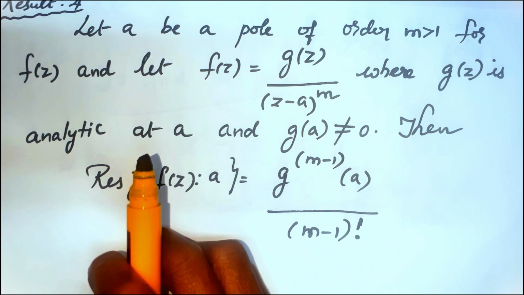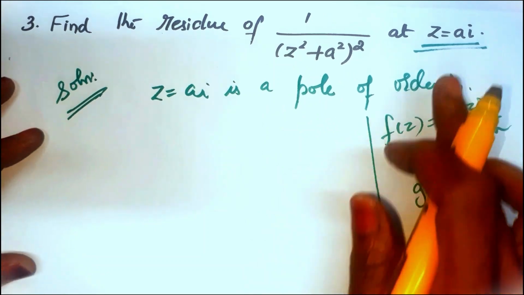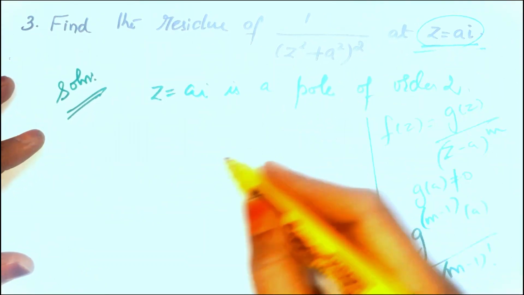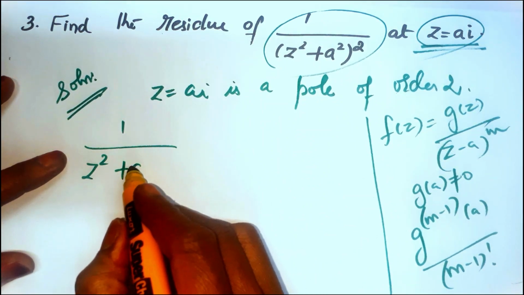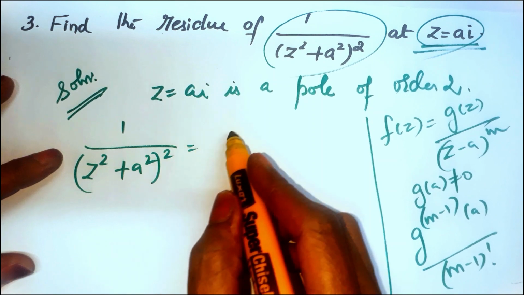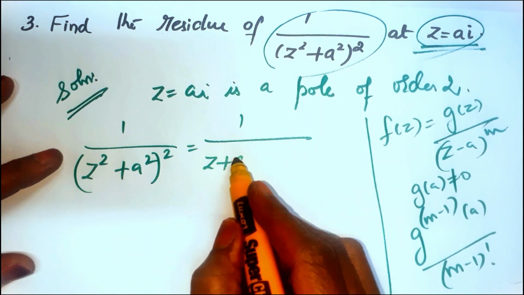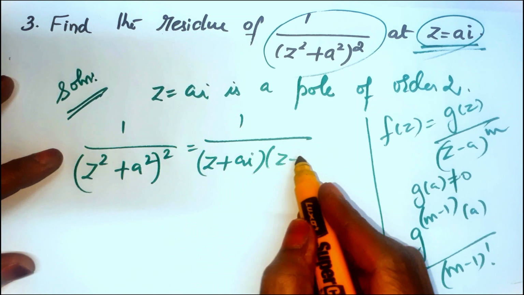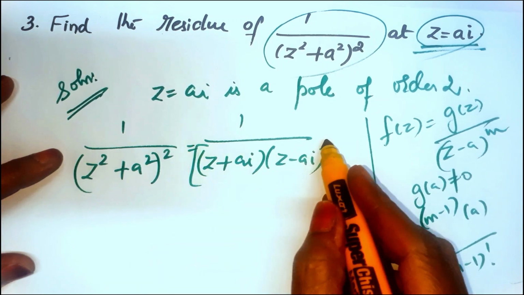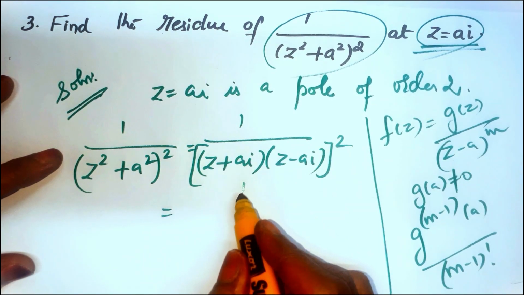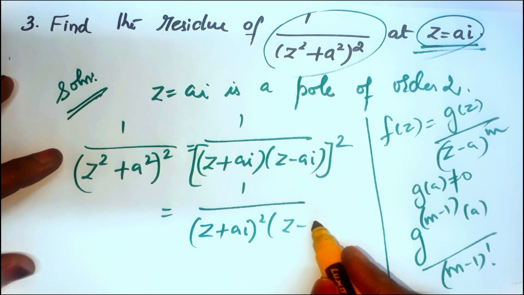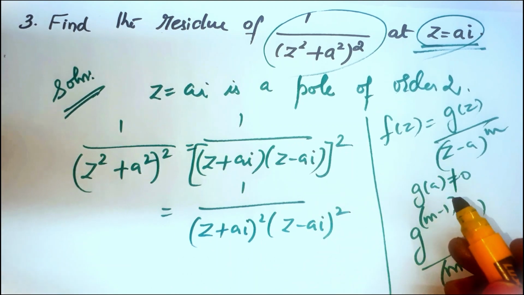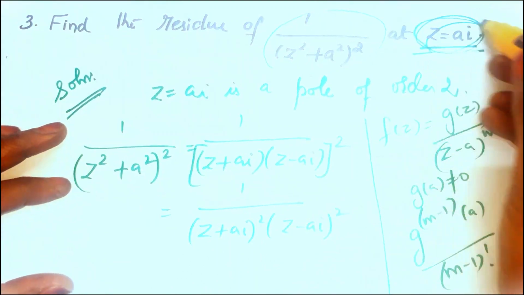So first we have to rewrite the given function in this form. We are finding the residue at z equal to a. So we split 1 by (z squared plus a squared) the whole squared as 1 by (z plus ai)(z minus ai) the whole squared, which can be rewritten as 1 by (z plus ai) the whole squared into (z minus ai) the whole squared.